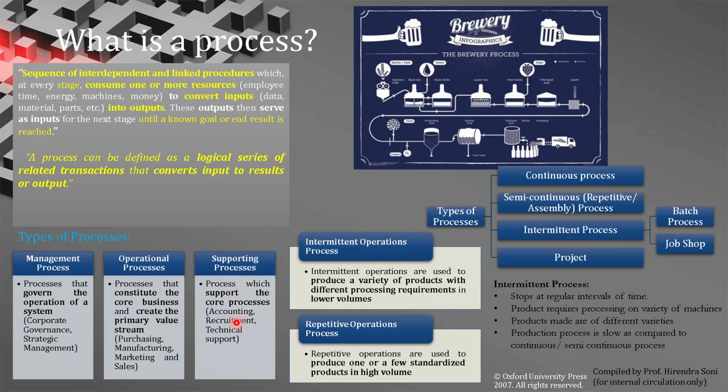The other classification parameter can be either intermittent processes or repetitive processes. Intermittent processes are those which are carried out once or twice depending upon the requirement, but they are not repetitive in nature.